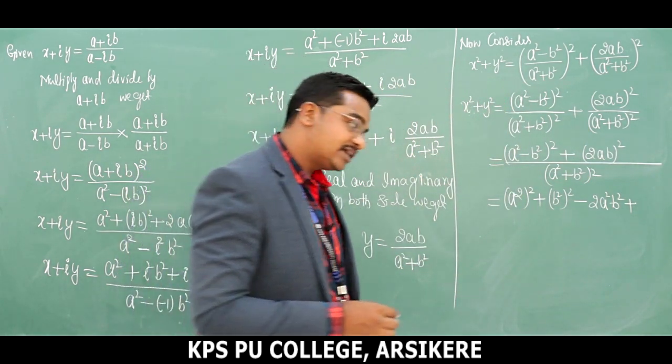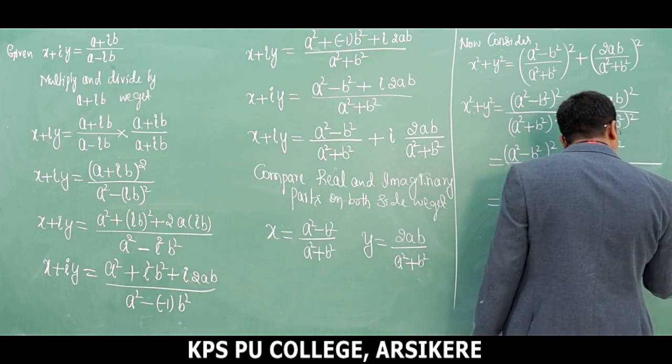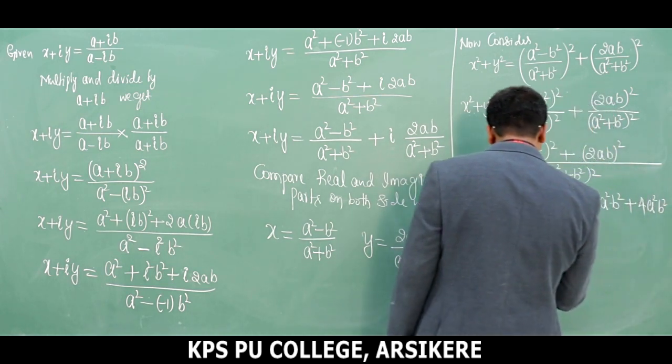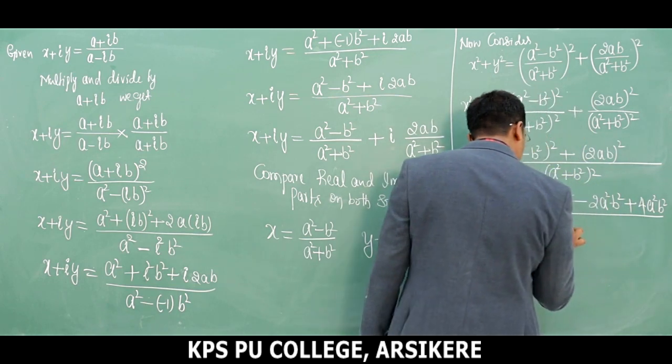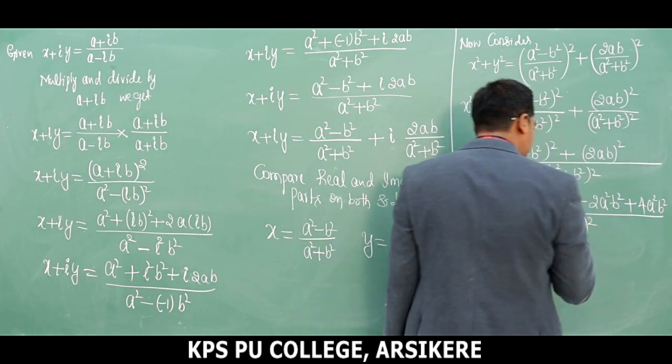This can be written as 2 square, 2 twos are 4, a square and b square whole divided by a square plus b square whole square.